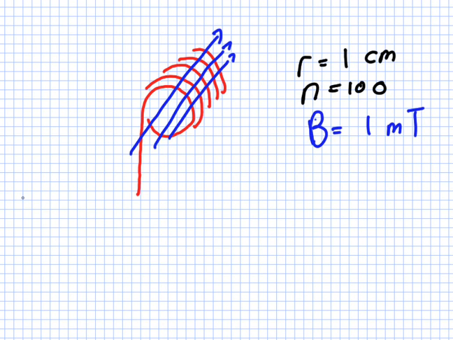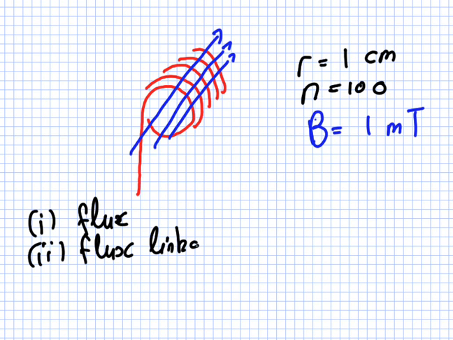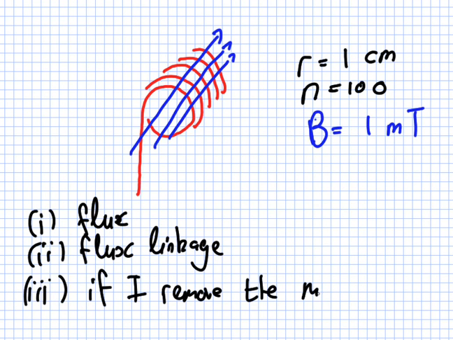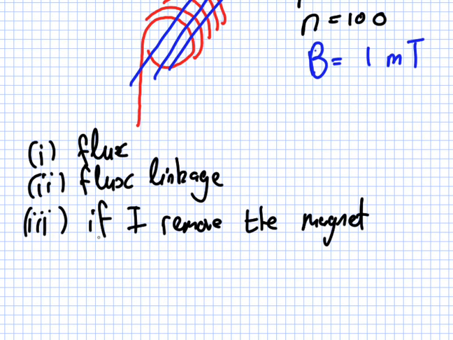So my three questions are, firstly, what's the flux? Secondly, what's the flux linkage? And thirdly, if I remove the magnet, then what is the voltage induced?